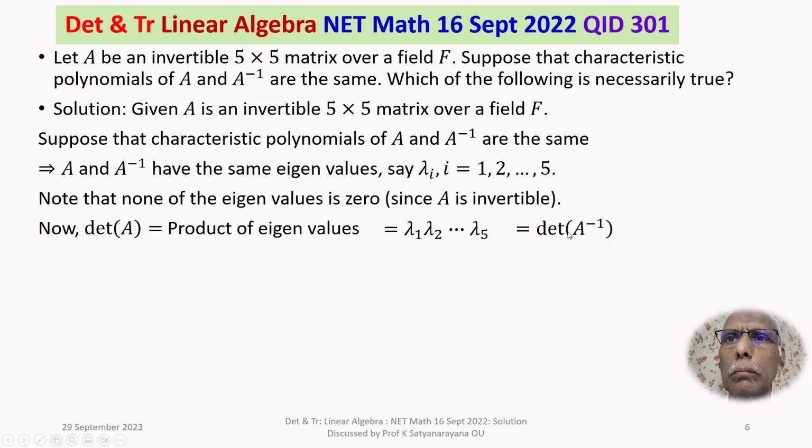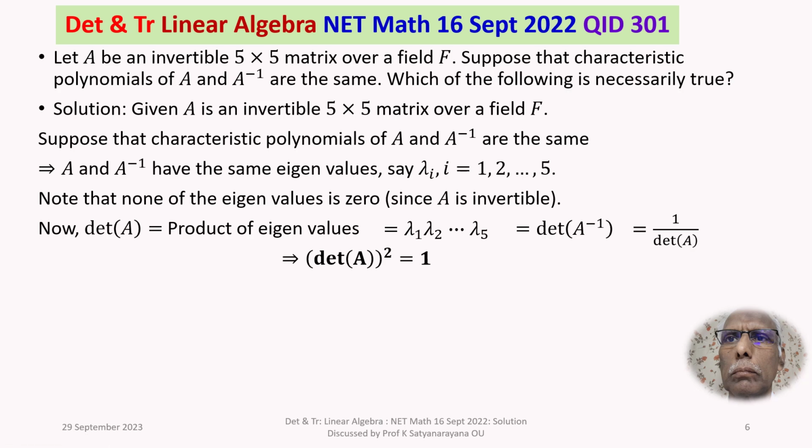We know the determinant of A inverse is 1 by determinant of A. Thus, we have determinant of A is equal to 1 by determinant of A. Cross multiplying, we get determinant of A whole square is equal to 1.